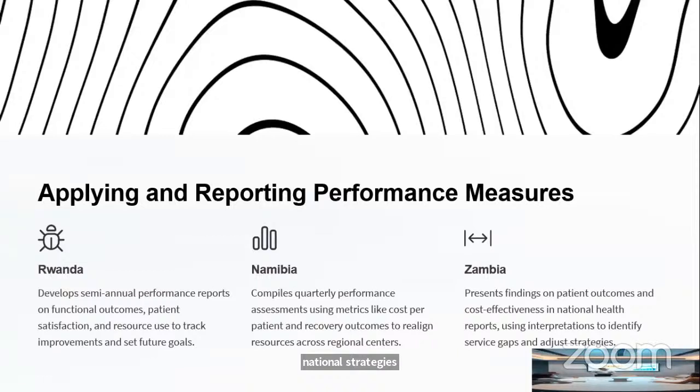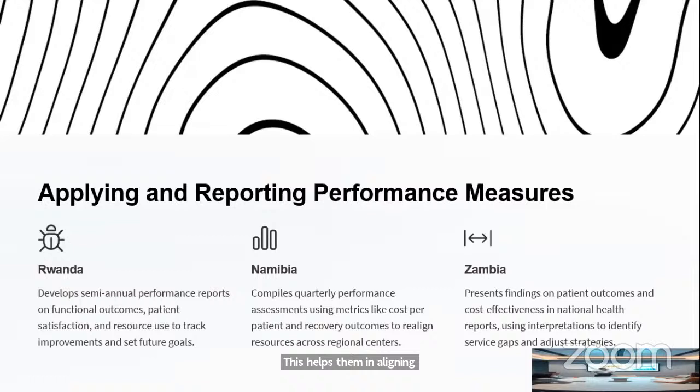And in Namibia, they quarterly compile performance assessments using cost per patient and recovery outcome. This helped them in realigning their abundant or scarce resources across the regional centers.